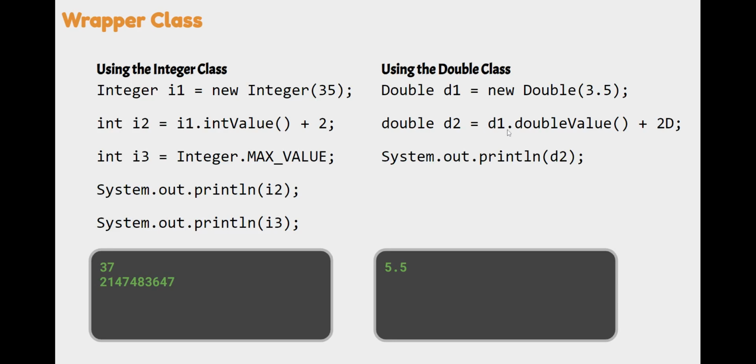We're assigning it the value of the doubleValue of D1 plus 2. D1.doubleValue evaluates to 3.5. It will get that double value from the instance variable. We will add 2 to it, which will evaluate to 5.5, which will be stored in D2. When we print out D2 later, it will have the value of 5.5.